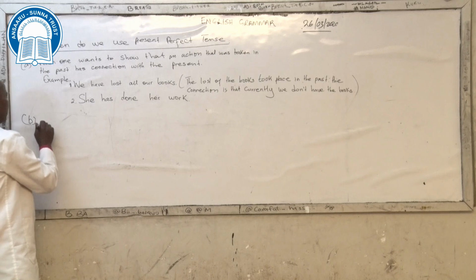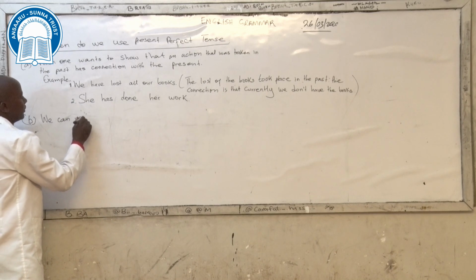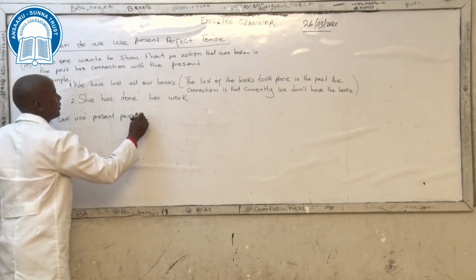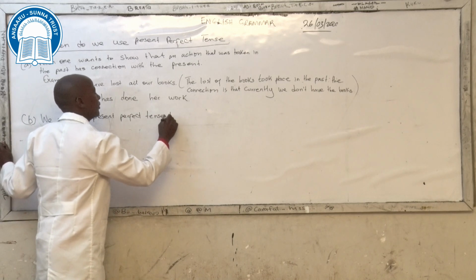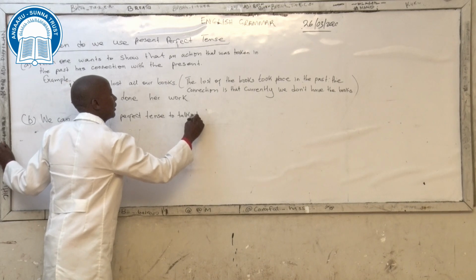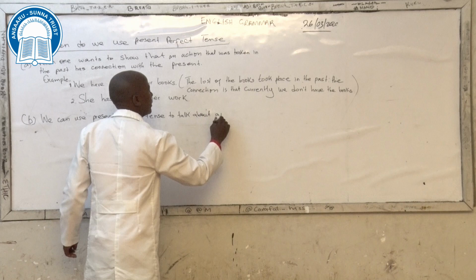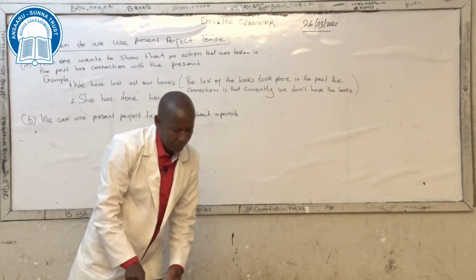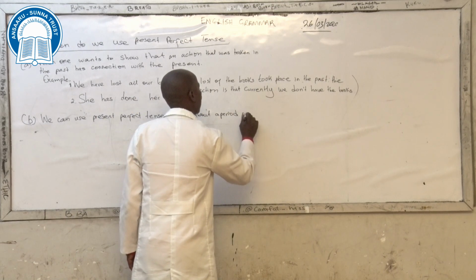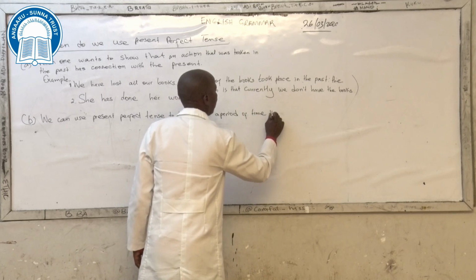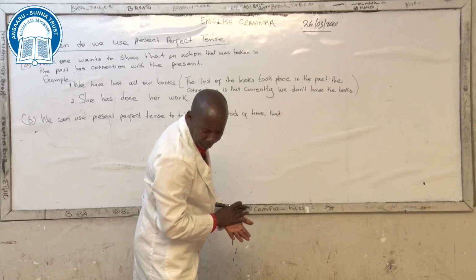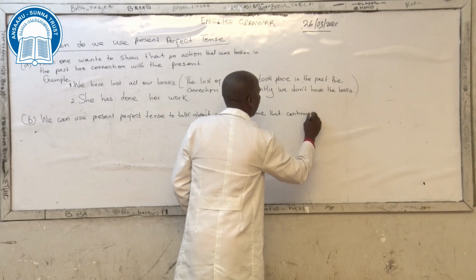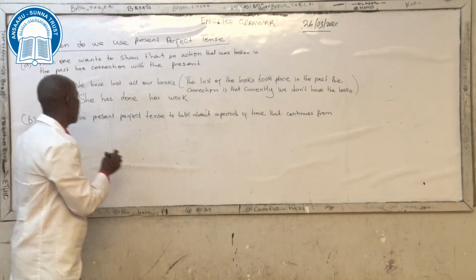B, we number it B, we can use present perfect tense to talk about a period of time that continues from the past.